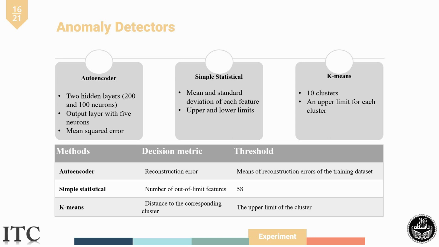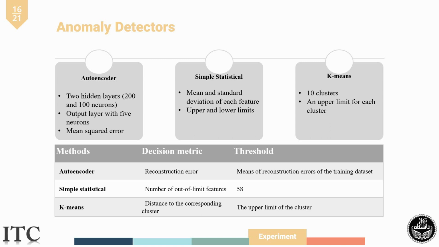A simple statistical method is also used for anomaly detection. An object O is an outlier if at least K attributes, in this case our features, of O have values higher than a number of standard deviations from the mean value.